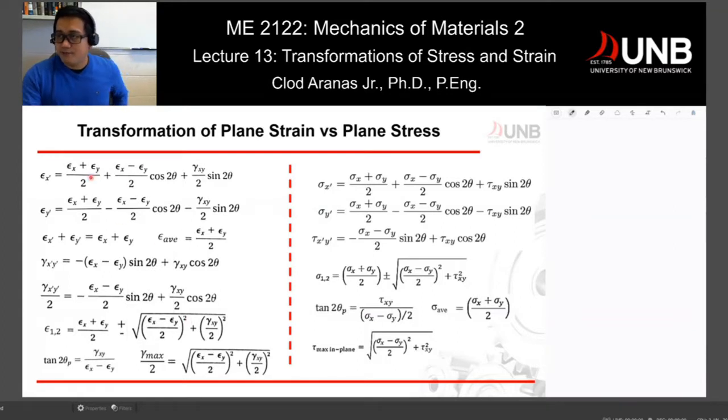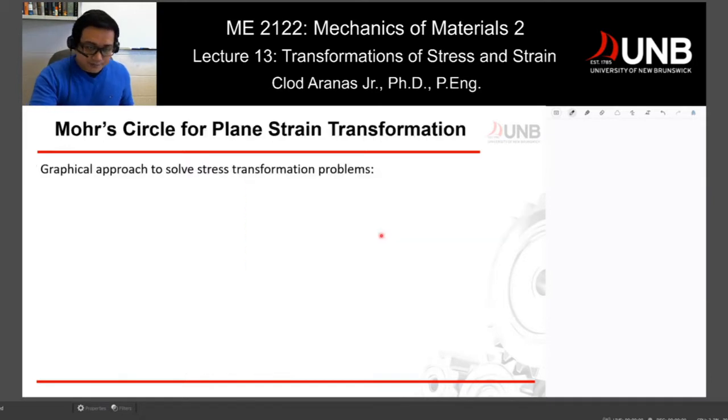So for example, in this particular case, if I have elongation along my x and strain along y, I can deduce what would be the equivalent strain at a certain angle, which is defined by this equation, similar for epsilon y prime. And we have all the similar equations, similar with our stresses, which are on the right side.